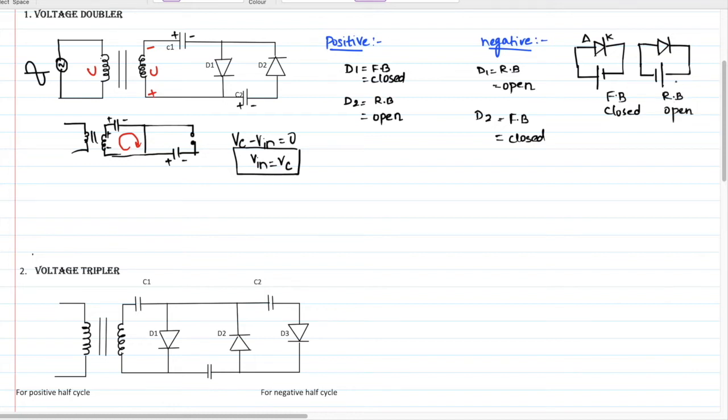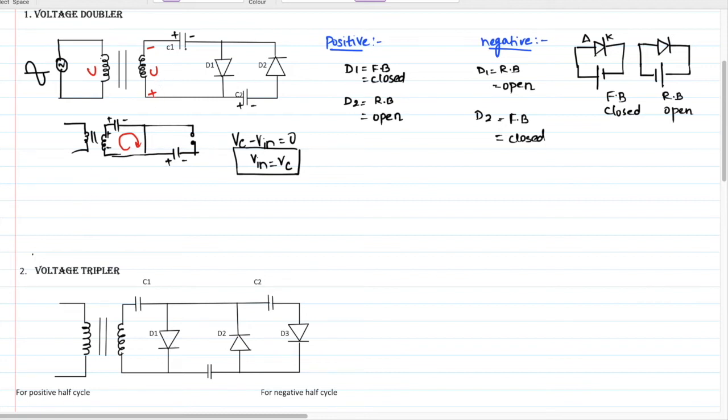So this we all know. Based on this only I am telling whether a diode is forward bias or reverse bias. Based on the given input signal, the diode will turn on or off, or you can call it forward bias, reverse bias, open, closed, however you need. So this is how the diode works when you give a positive and negative cycle.